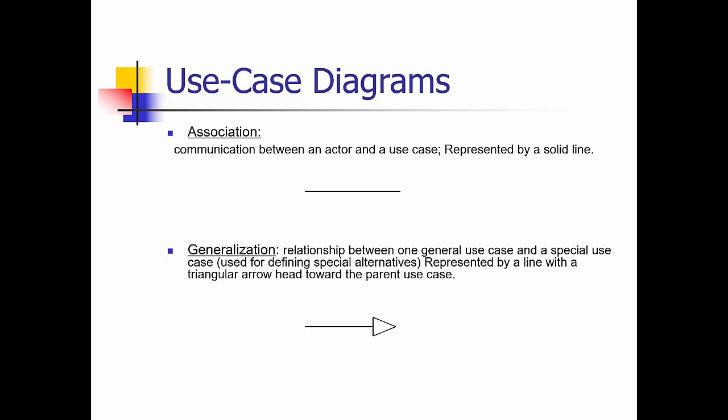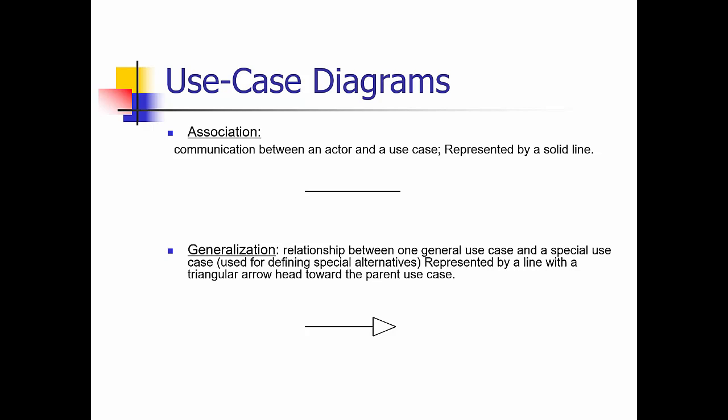So the association, we saw that, line between an actor and a use case. You can also have generalizations. And generalizations are the same thing that we talked about in class diagrams. That is, it indicates subclasses and superclasses. It indicates inheritance.